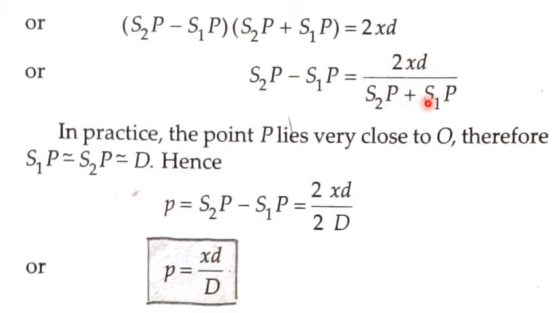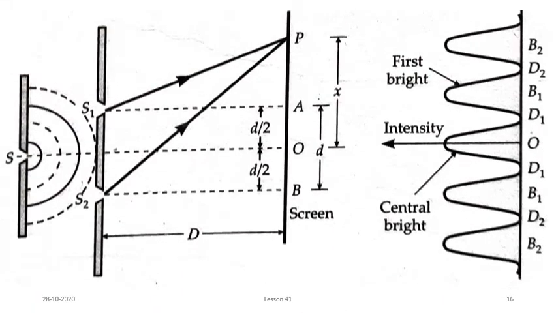Now in the practical case, your point P lies very close to O. What does this mean? This point is very close to O. If this point is very close to O, let us consider it to be somewhere here. So the distance traveled by the light from S1 to P will be approximately equal to the distance traveled by the light from S2 to P, and they will all be approximately equal to this distance.